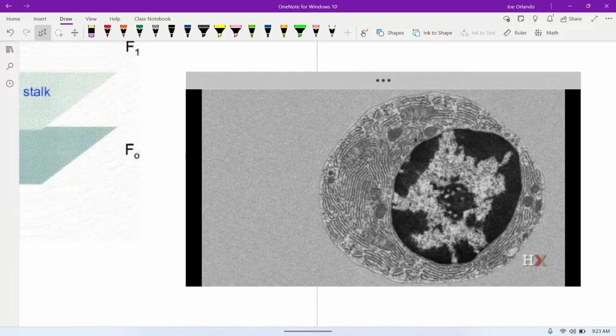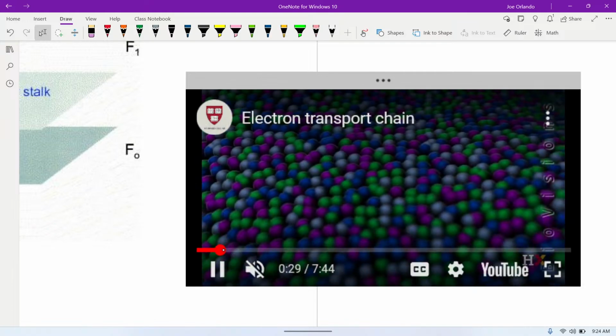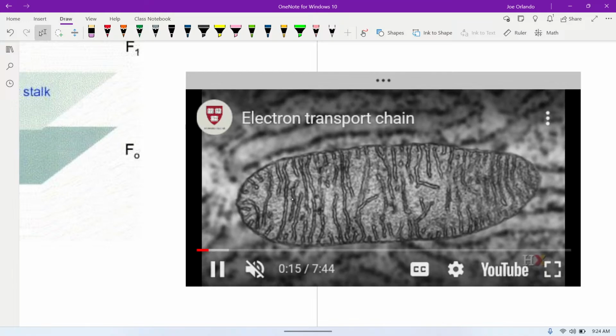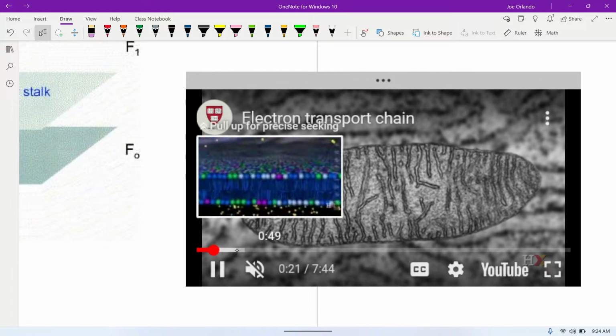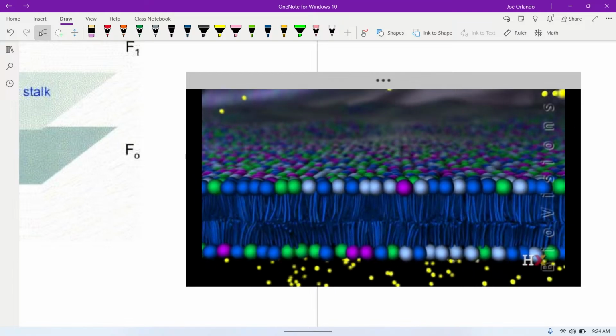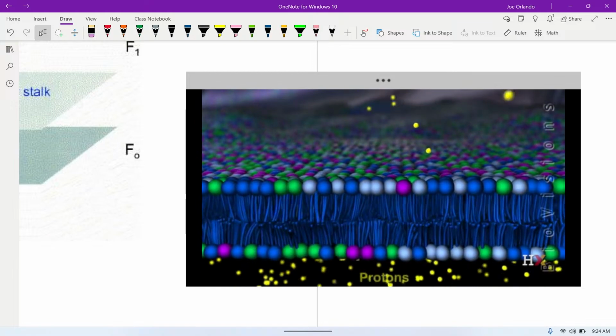So here we can actually see the mitochondria in this picture of a cell. There one is. See it? And you can see the inner membrane, and you can see the folds of it, which are called what again? This way. And now we get to this highly accurate animation. You can see the chemiosmotic gradient, right?